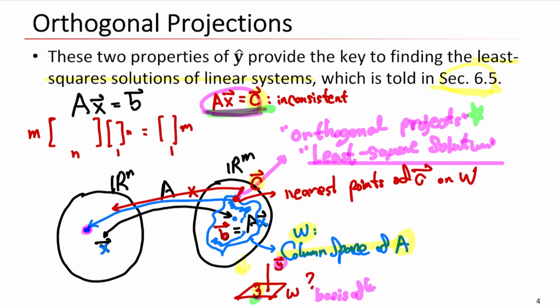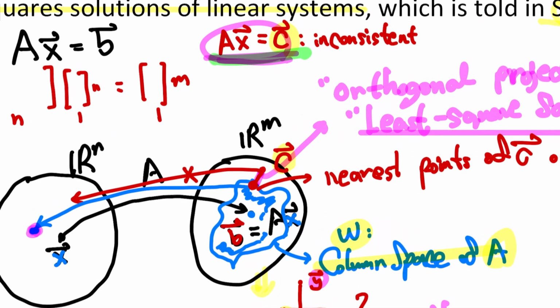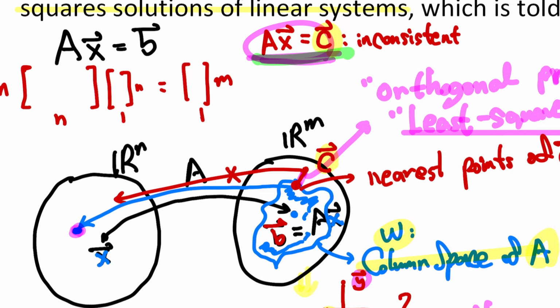So this is the concept of the orthogonal projection. Why do we need this? In this course we are interested in Ax equals b, right? In some cases, we can find the solution of Ax equals b.